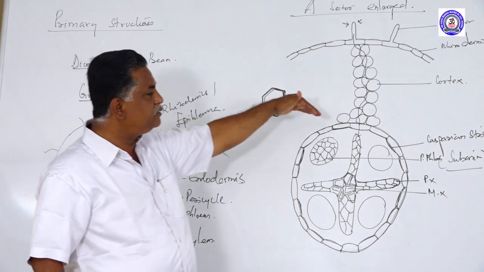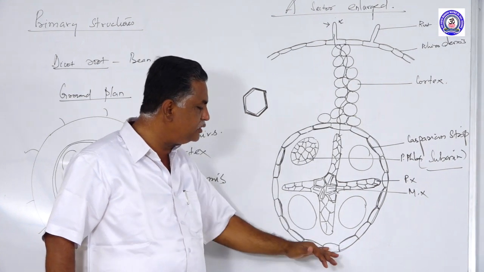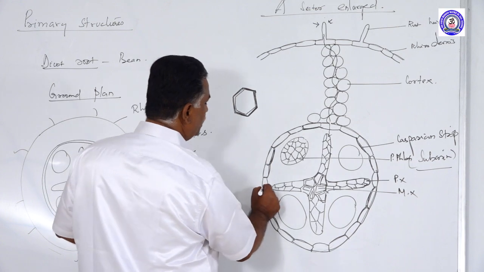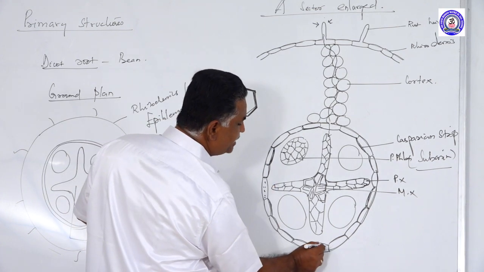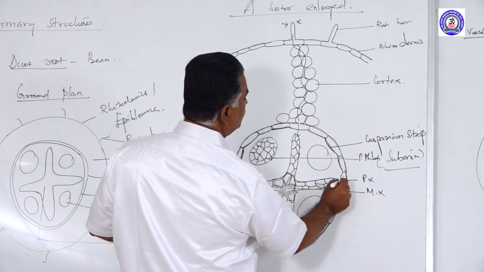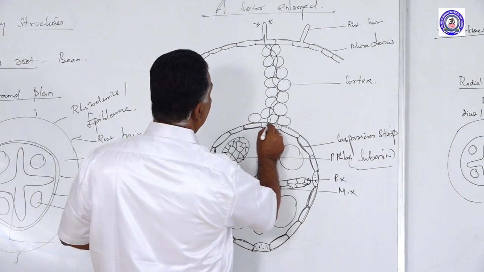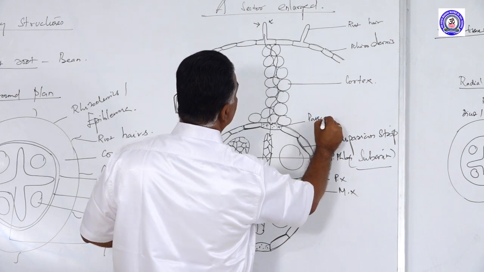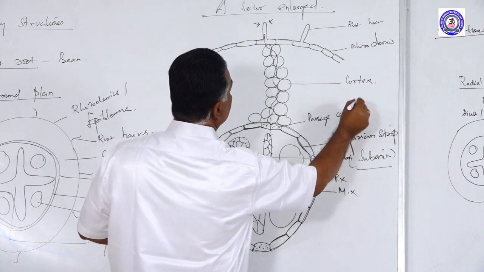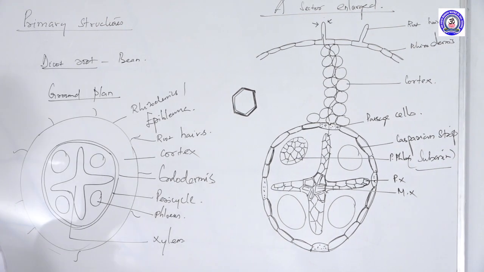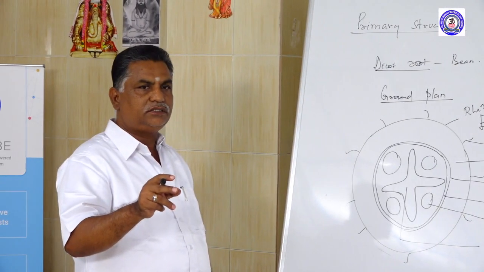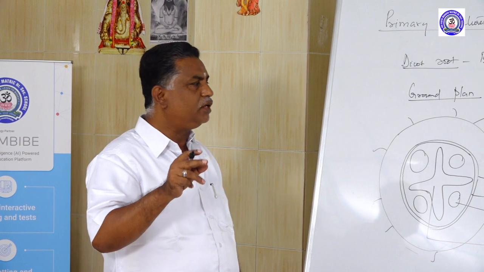So the entry of water takes place through special cells which are found opposite to the protoxylem point. Since they become the passage of water from cortex to vascular tissue, these are called passage cells. So the endodermal cell is a single layer of barrel-shaped parenchyma cells arranged tightly without intercellular spaces.